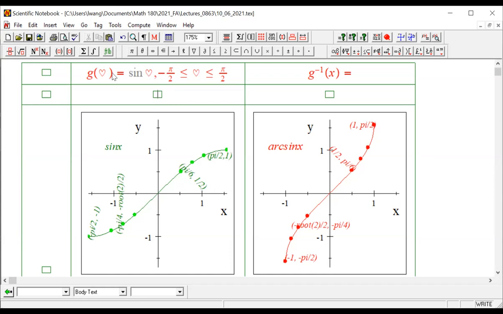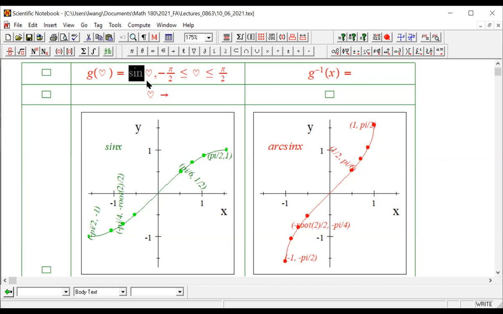Now, if I use heart, then this heart will be the input. So this heart must be an angle. So it doesn't matter whether you use A, you use heart, or you use X. The nature of the function, the rule, determines what kind of input it takes.